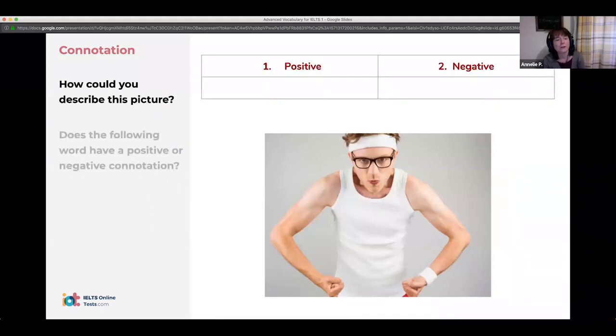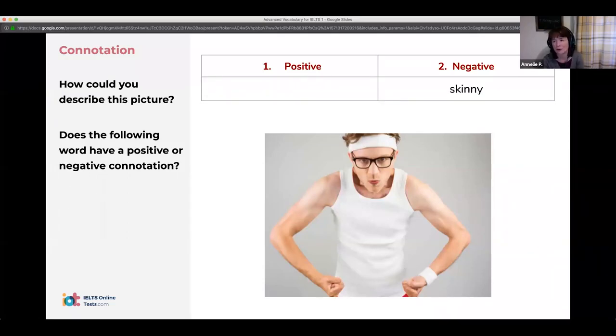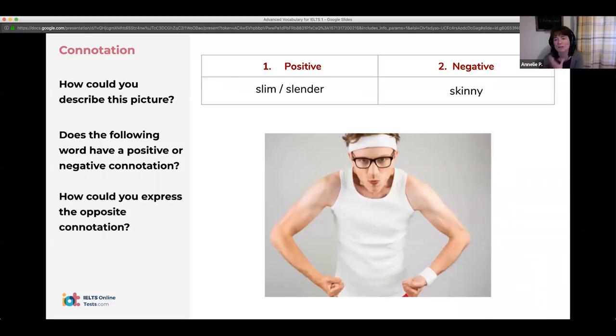So one word we could use to describe this picture is, we're looking at the body, so skinny. If I say skinny, does that have a positive or a negative? Yes, that's very negative. It's definitely not a good thing to describe somebody as skinny. But on the more positive side, what could we say? Okay, yes, I like slender or slim. Very, very positive.